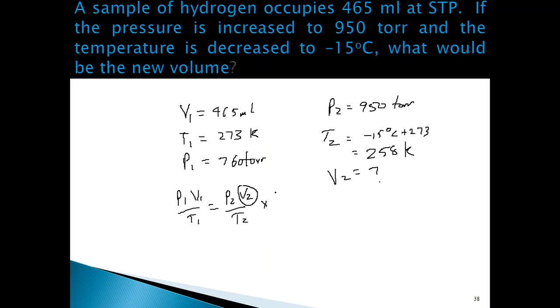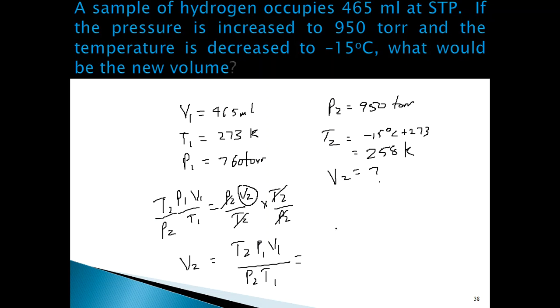I'd multiply both sides by T2 and divide both sides by P2, because when I multiply both sides by T2, the T2s will cancel, and the P2s will cancel. So V2 is equal to T2 P1 V1 over P2 T1.